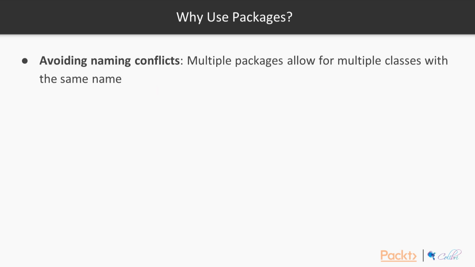Now, moving on, let's briefly discuss a few reasons why we should use packages in a Java project. First of all, and perhaps the most obvious reason, is avoiding naming conflicts. For example, let's assume that FileNotFoundException can refer to both a file on the disk and some file on a shared internet resource such as a website.